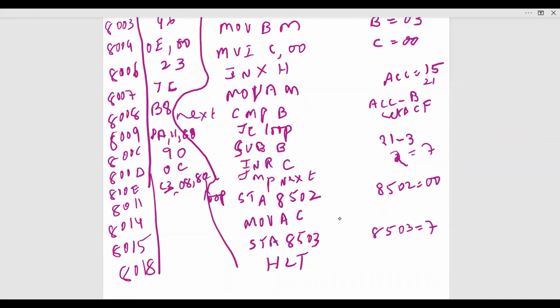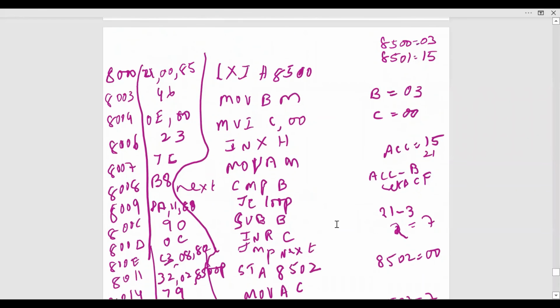Next, store 8502, STA is 32, 02, 85. Next, move A, comma C is a single byte instruction and its opcode is 79. And STA 8503, a 3-byte instruction, STA 32, 03, 85. And HLT is 76. So this is the division of two 8-bit numbers.